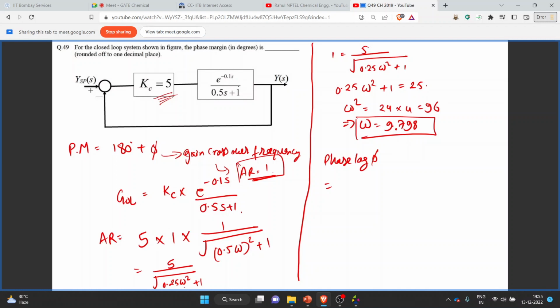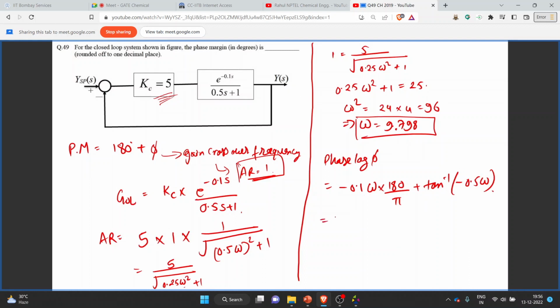So this will be minus of 0.1 omega into 180 upon pi. And for 1 upon 0.5 s plus 1, it will be tan inverse minus of omega tau. So we can write it as tan inverse minus of tau, which is 0.5, into omega.